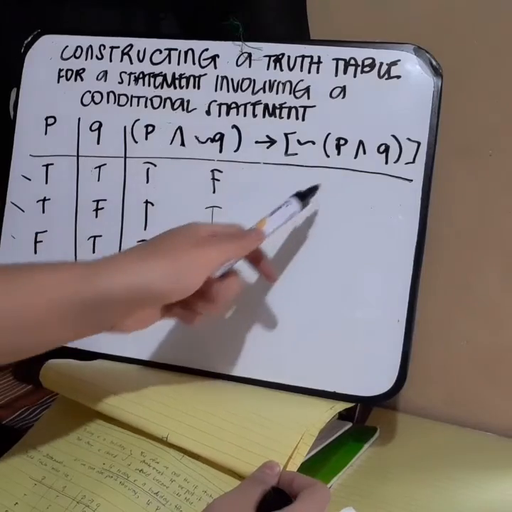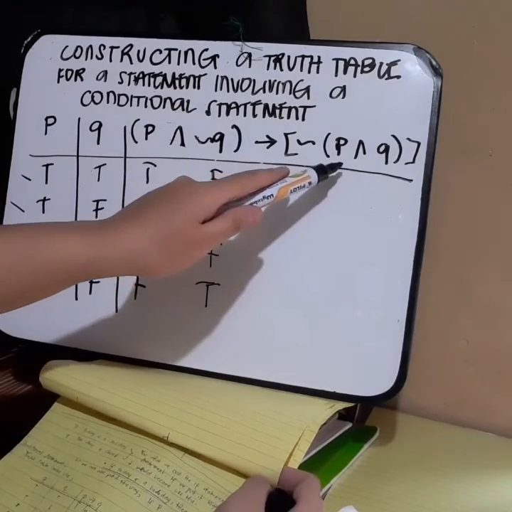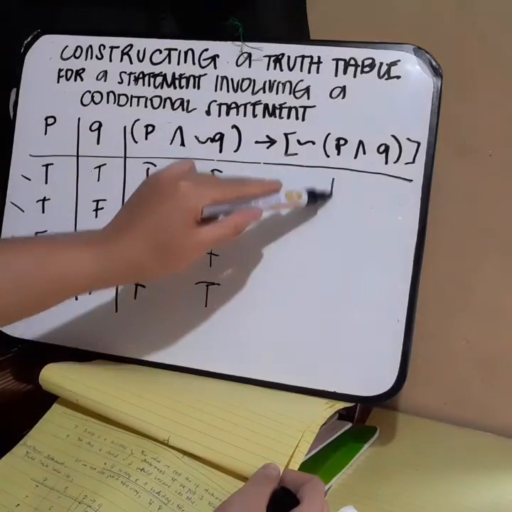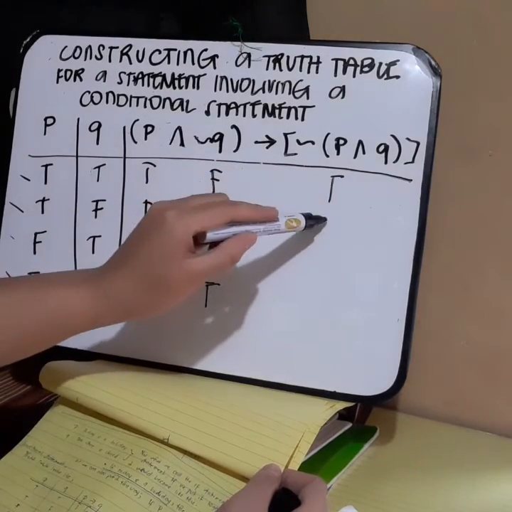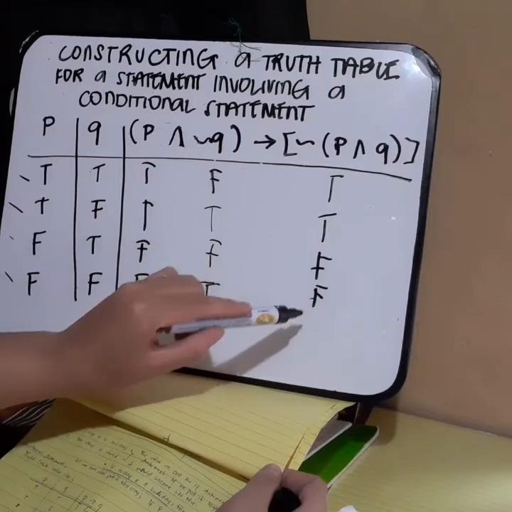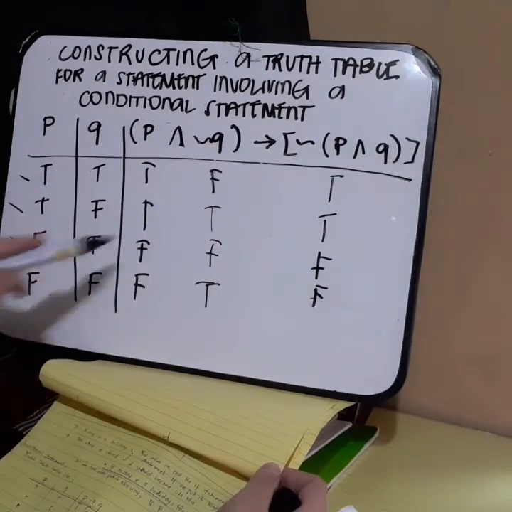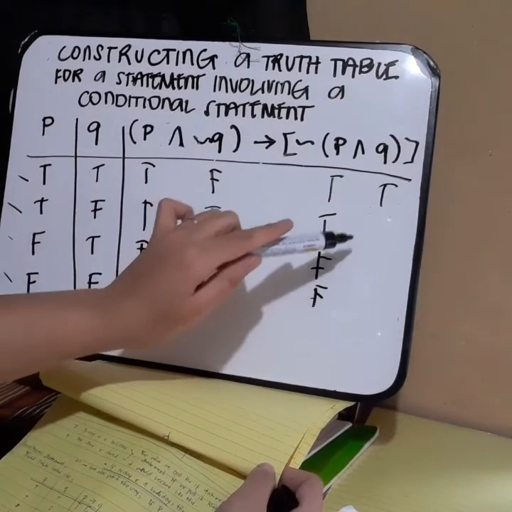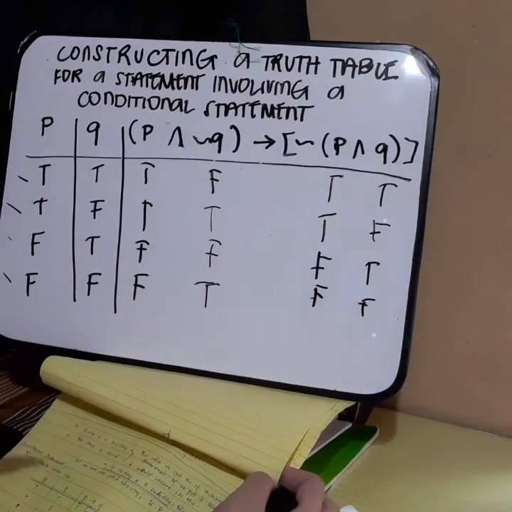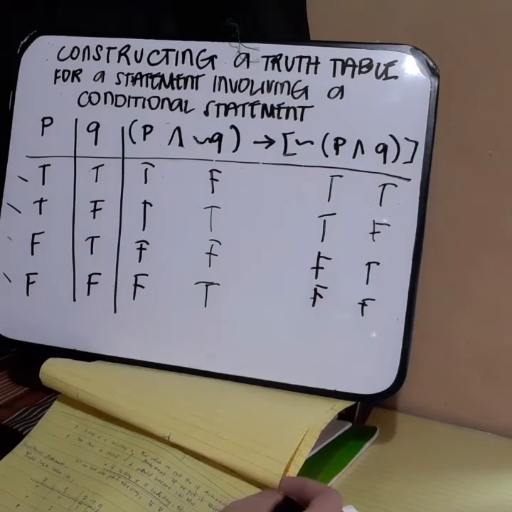Now, iwanan muna natin itong dito na part. Punta tayo muna dito. So, P and Q. So, P, katulad din ng dati, kokopyahin lang natin yan: true, true, false, false. And yung Q naman natin dito, kokopyahin lang din natin yan: true, false, true, false. So, ganyan yung mangyayari.